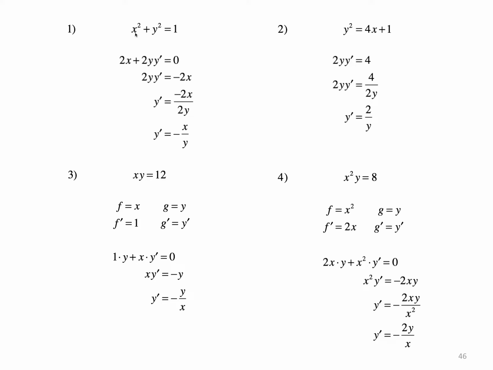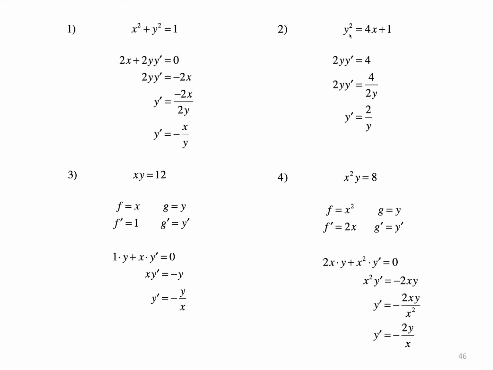We just have terms that we differentiate by themselves. X squared differentiates to 2x. Again, y squared we differentiate normally, and we have 2y, and we tack a y prime on the end. And the 1 differentiates to 0, and so that's how we get to this step, and I think you can follow the rest.